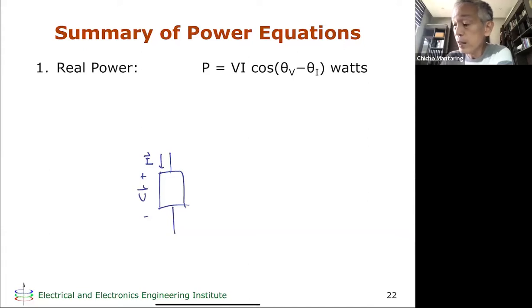Okay. If I get VI cosine theta V minus theta I, so these are the magnitudes of my phasors, no, or the RMS value of my voltage and current. This is my phase angle between my voltage and current. If I get VI cosine theta V minus theta I, that is the real power that is delivered to this particular element.